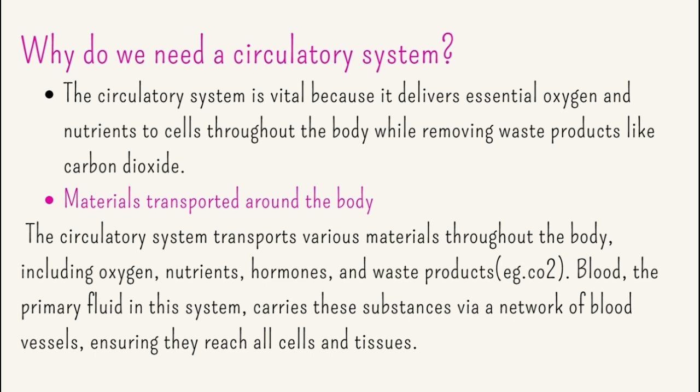Now, the circulatory system delivers essential oxygen and nutrients to cells throughout the body while removing waste products like carbon dioxide. We inhale oxygen and we exhale carbon dioxide. Every single organ in our body needs that oxygen.